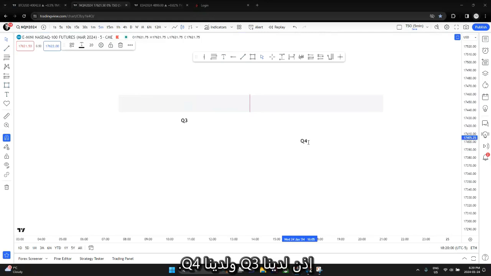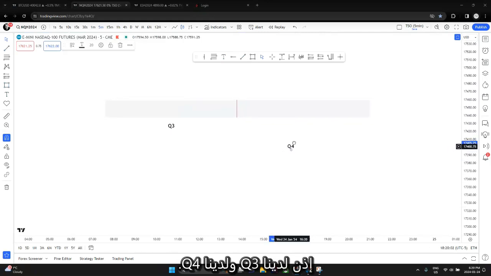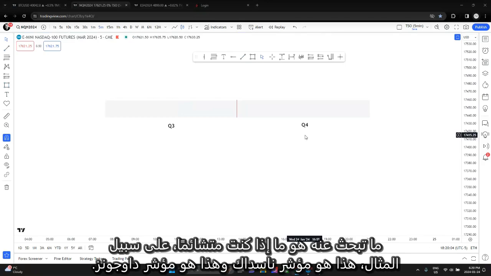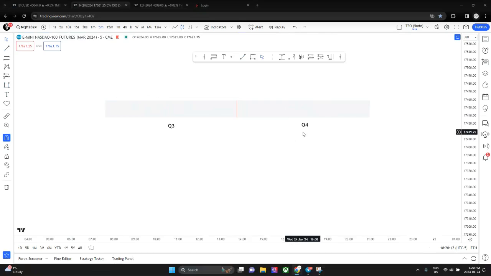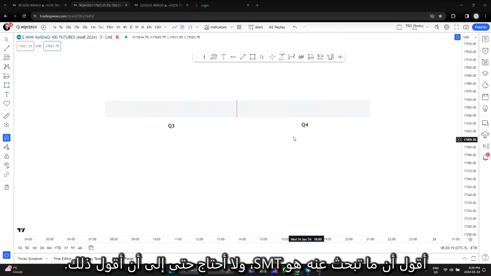So we have Q3 and we have Q4. What you're looking for is, if you're bearish, and say, for example, this is NQ and this is the Dow. What you're looking for is SMT.